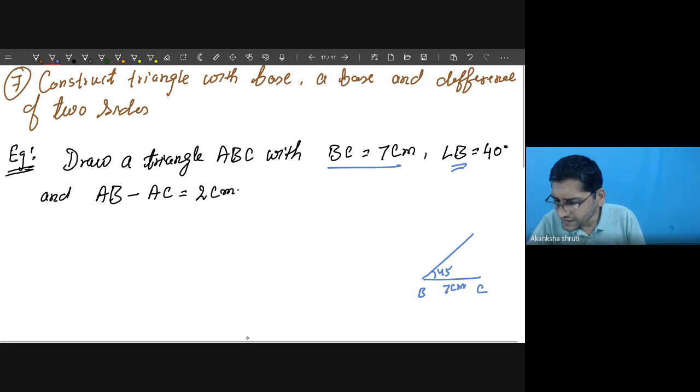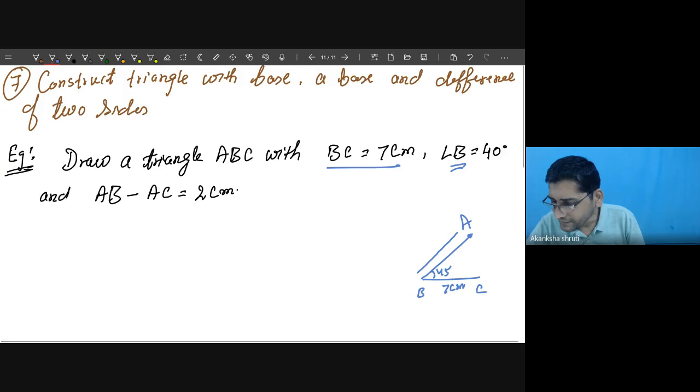There must be some point A somewhere so that this AB minus AC, the difference of these two, should be 2 centimeter. This is the condition.